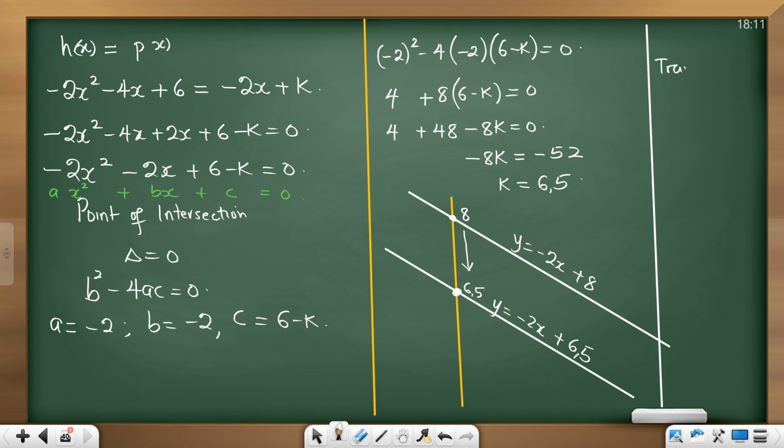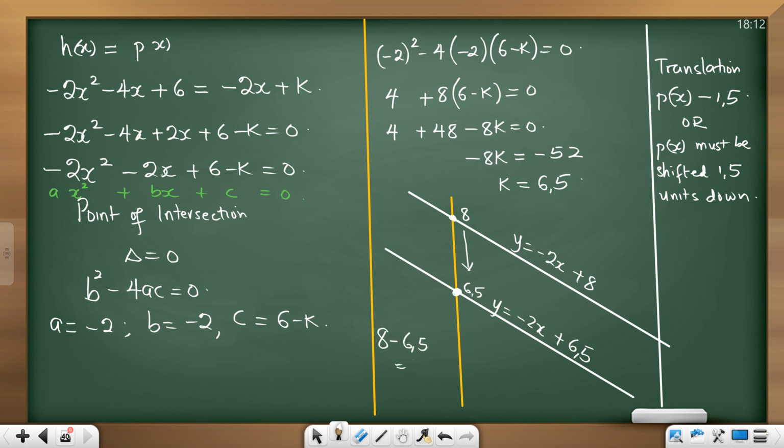For the translation, you can say P of x minus 1.5, or P of x must be shifted 1.5 units. I hope you understand how we got the 1.5. It is 8 minus 6.5. That's what gave us the 1.5.